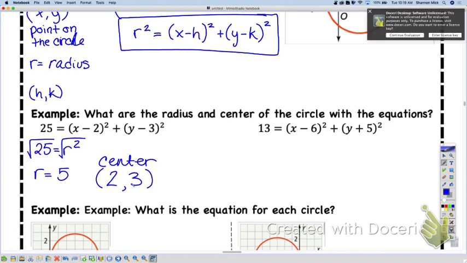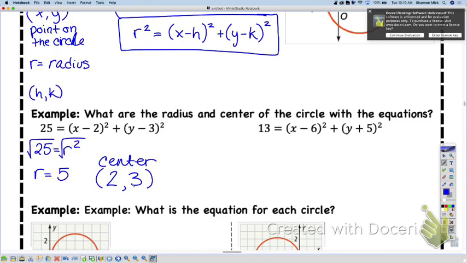Now the formula says minus, doesn't it? So when we are minus, then it's 2 and 3. What happens if it's plus? It's a negative, right? Because two negatives made it a what? Positive.